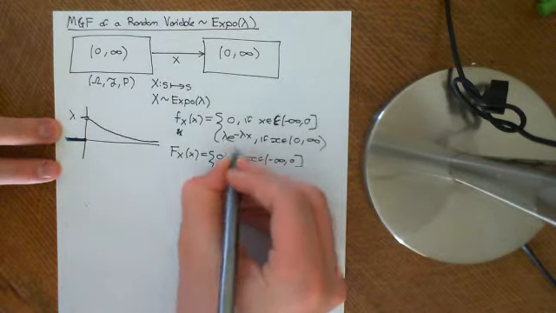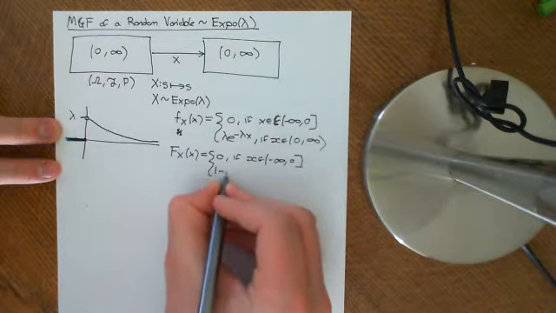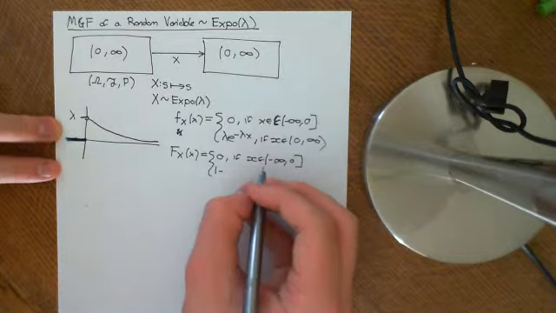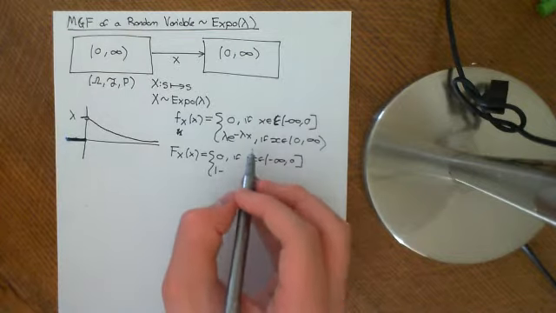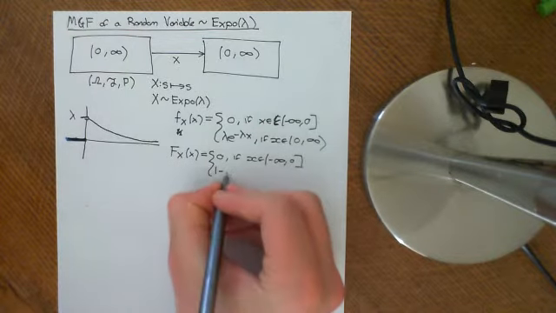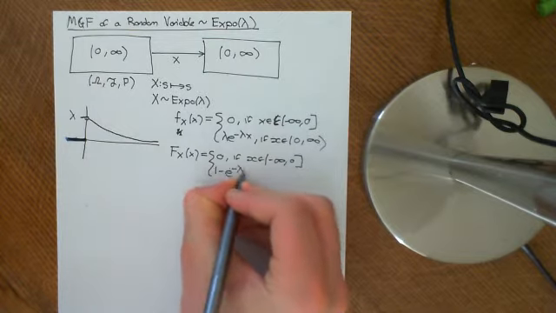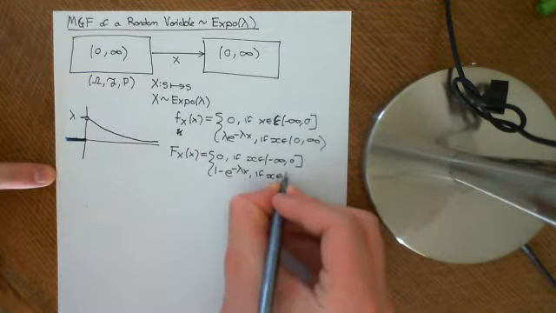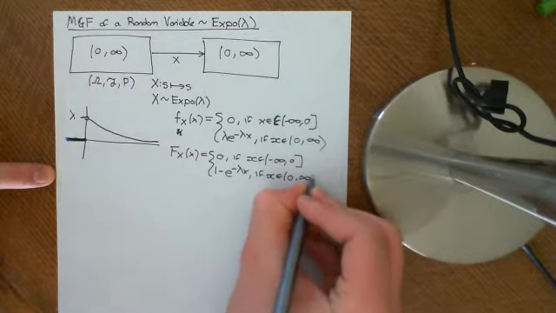And for positive x, it's going to be equal to the integral of this between 0 and x, which is 1 minus e to the negative lambda x, if x is an element of the positive real numbers, 0 to infinity.